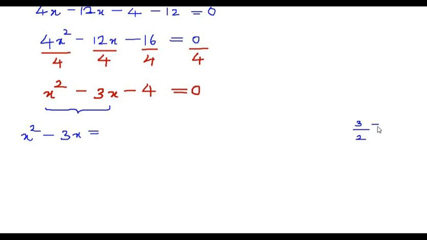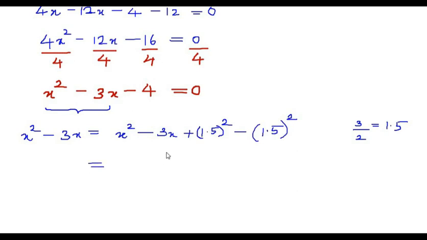So we get, as a decimal, 1.5. So we can write x squared minus 3x, then plus 1.5 squared and minus 1.5 squared.